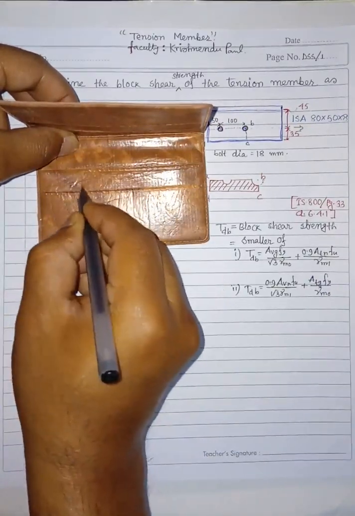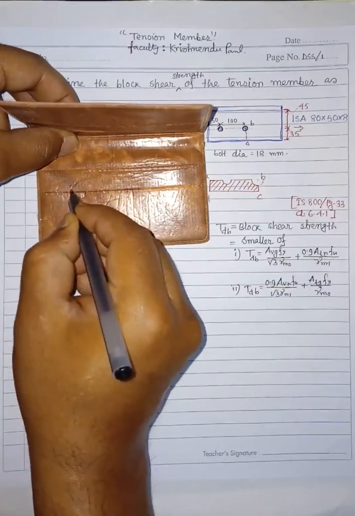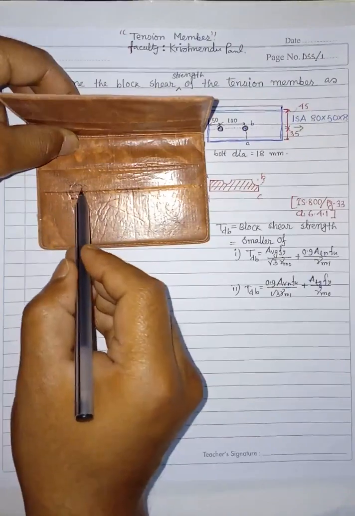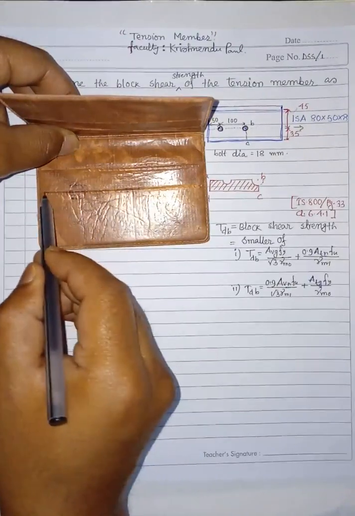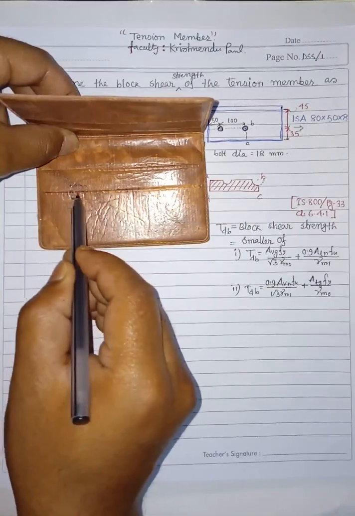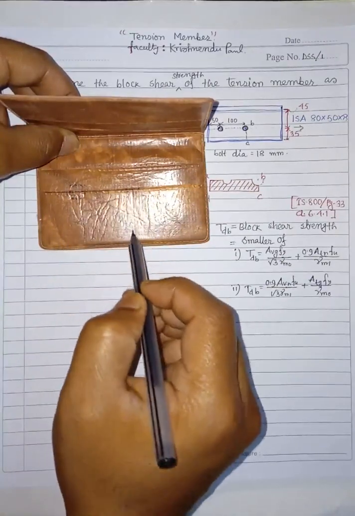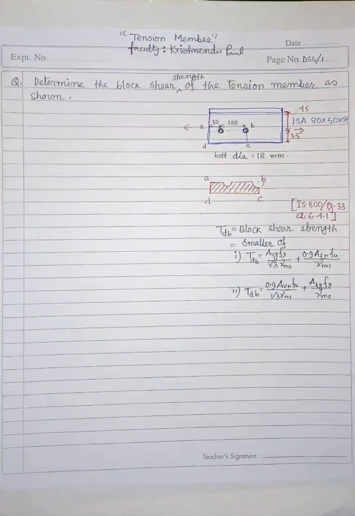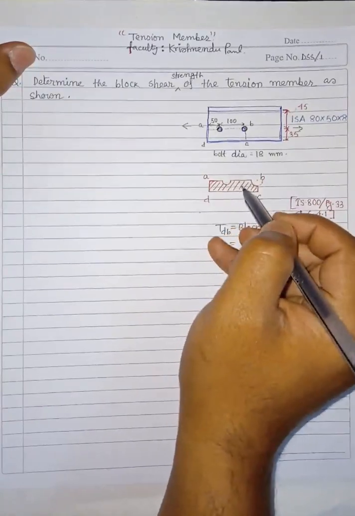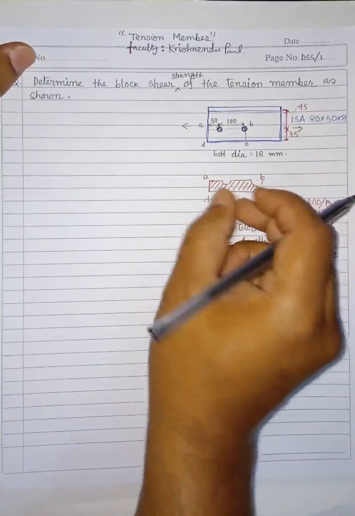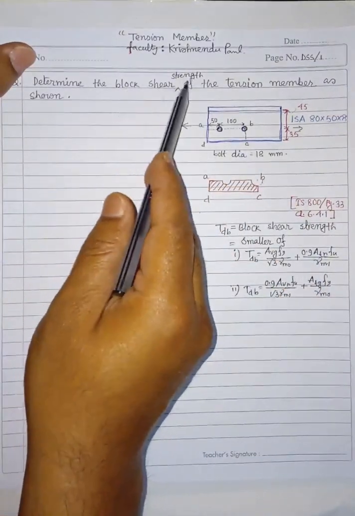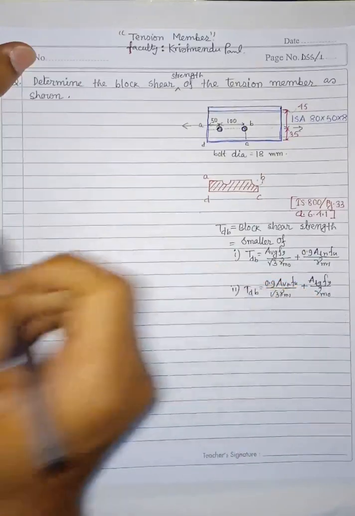Assume that there is a hole, so the block shear line will be passing towards the central line of the hole. I hope you can understand. Now the block will look like this. This will be coming out from the angle section, and you have to find the block shear strength of this angle section.